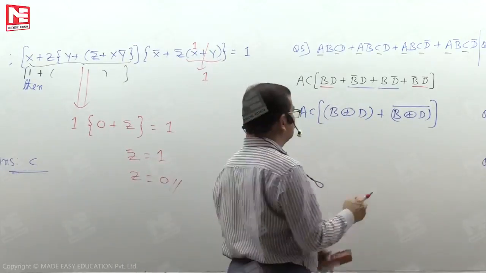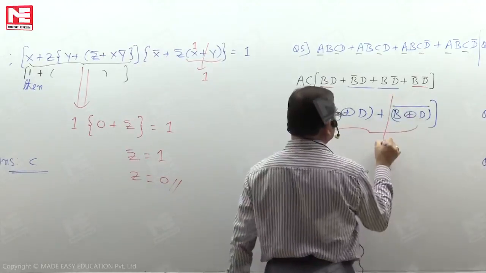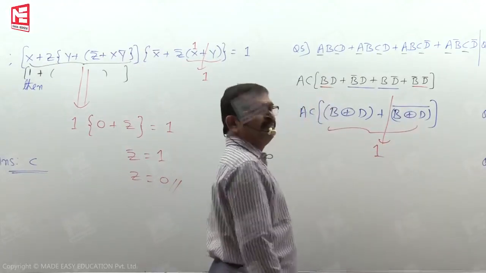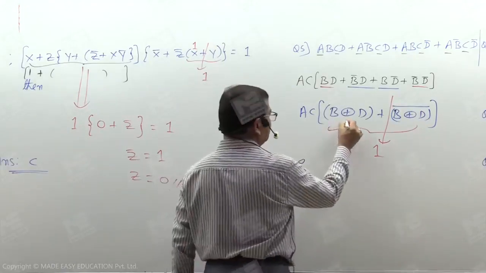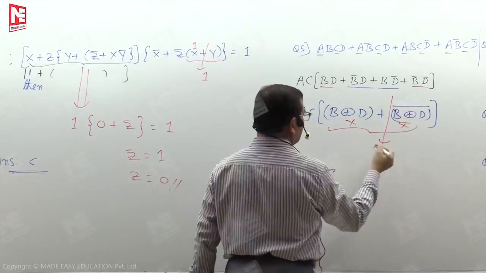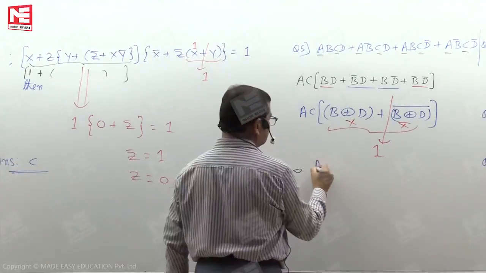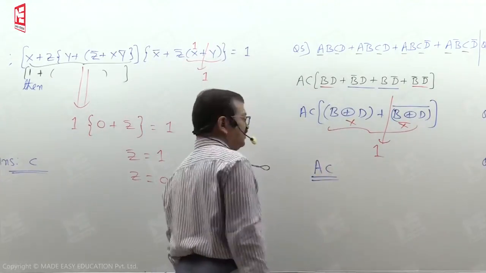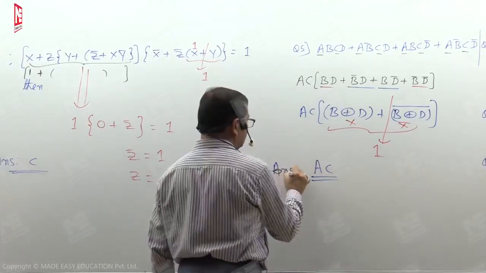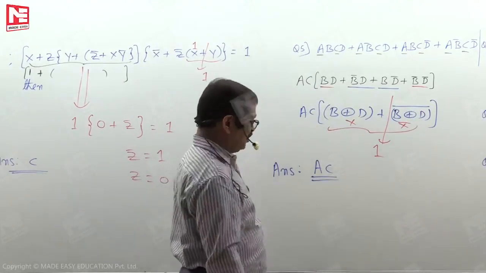So we can say this result must be 1. If I say it is X, the other is X bar, hence X OR X bar is 1. 1 AND with anything is anything, here AC. So the answer to this question, after simplification, is AC.